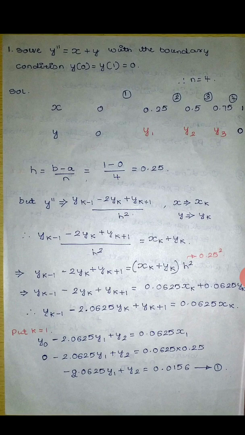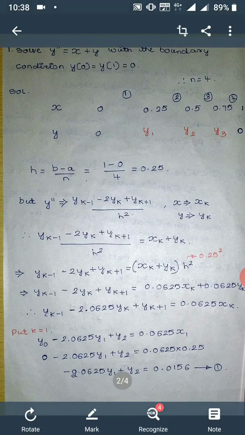Okay, let's see. At the value y of 0, the initial value is 0, and y of 1, the final value, is 0. So the intermediate values, that is y1, y2, y3, we are supposed to calculate.